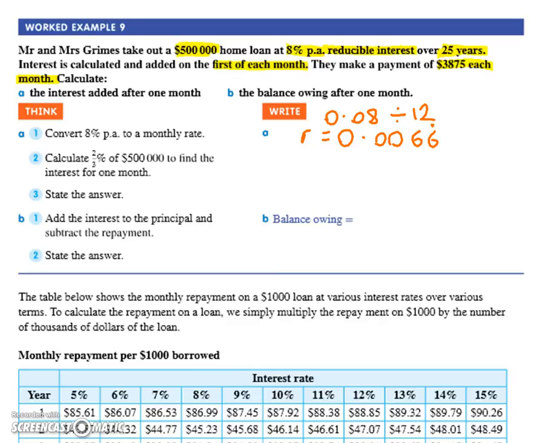Now I'll call it I equals what? What's the formula we've got? Yeah, PRN. What's our P? P is principal. It's 500,000. R we've already got. There's our R. What's our N?